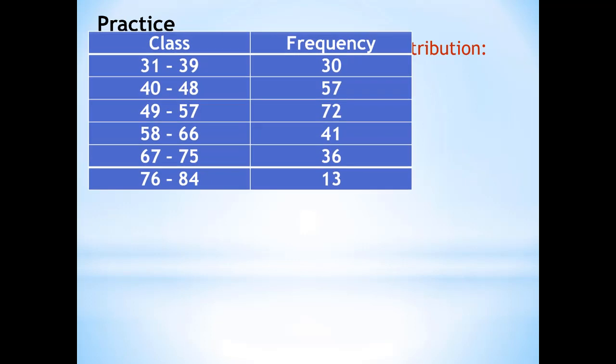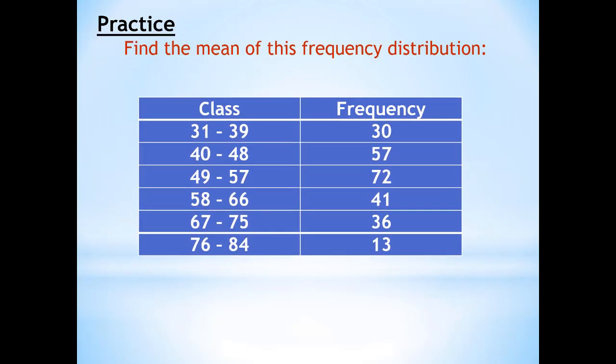Alrighty. So we have a practice problem dealing with the mean of a frequency distribution. I want you to take this frequency distribution, where from 31 to 39 we have a frequency of 30, 40 to 48 it's 57, 49 to 57 frequency is 72, 58 to 66 has a frequency of 41, 67 to 75 has a frequency of 36, 76 to 84 has a frequency of 13.